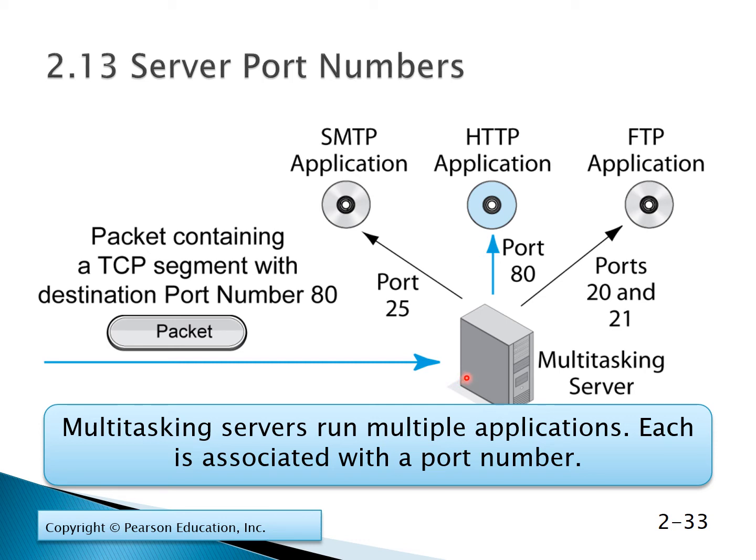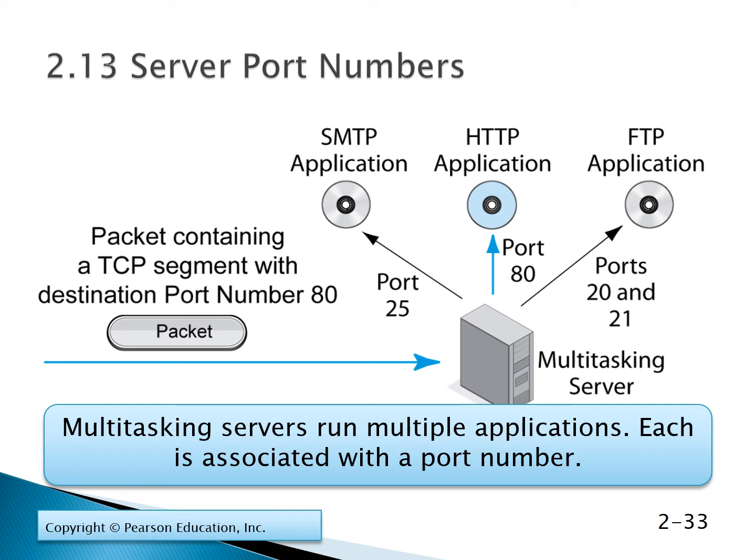At the IP level, we only know the IP address, so it's passed to this server. But after it's passed to this server, the server will need to know which program should handle this message. That is done by the port number.